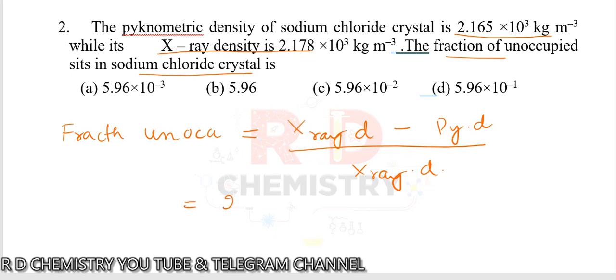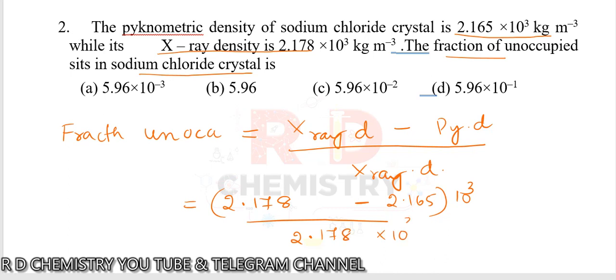Take the fraction of that one, which is equal to here X-ray density given 2.178 minus that of pycnometric 2.165, correct? Common term is 10 power 3, so I'll write on outside the bracket, divided by X-ray density is equal to 2.178 into 10 power 3.